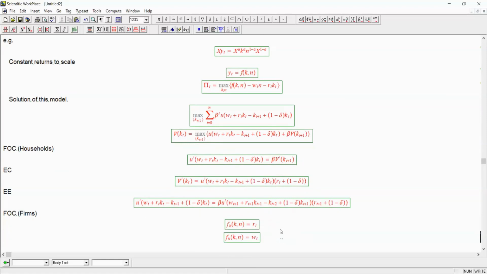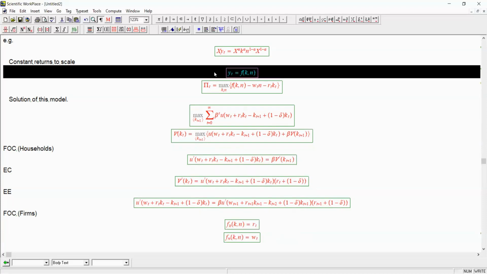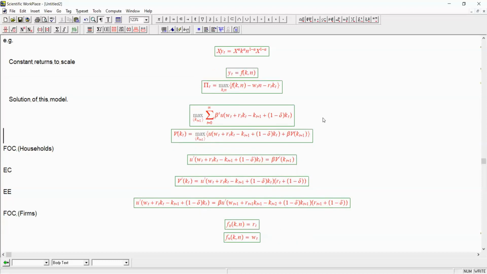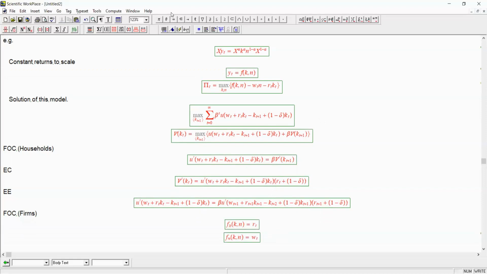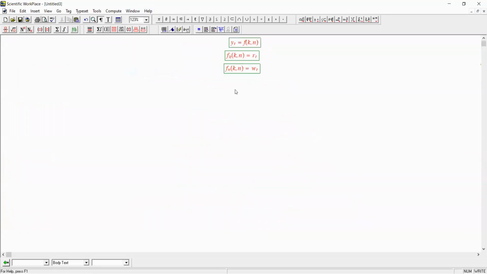An implication of this, mind you, is that because this production function satisfies constant returns to scale, these conditions mean that, in fact, we will have zero profits in this environment. To see that, let's go to sort of a footnote.